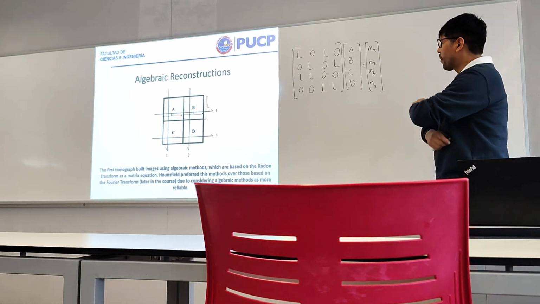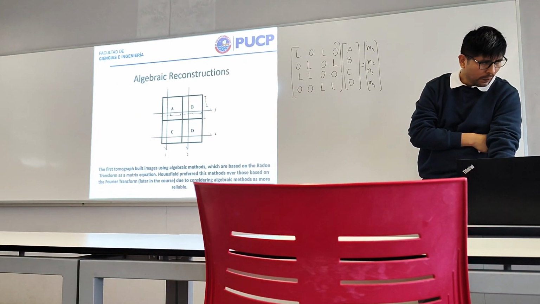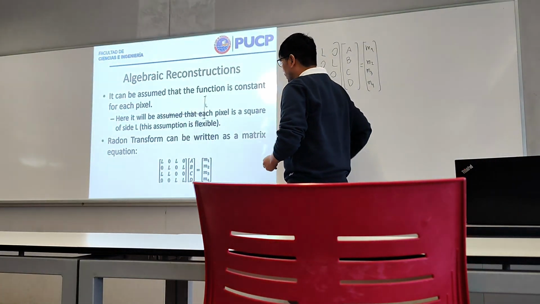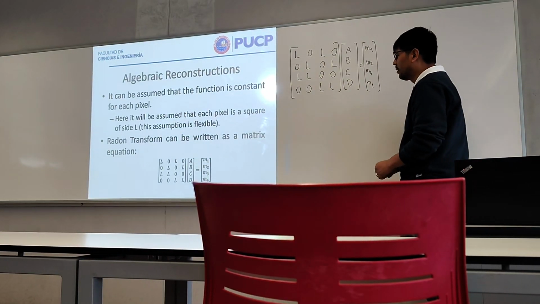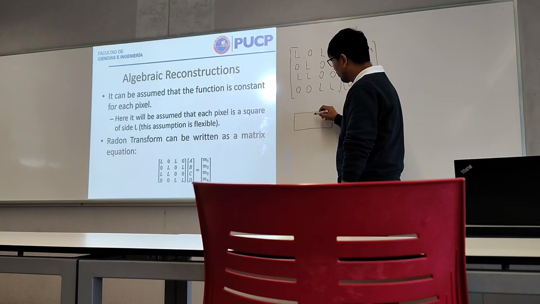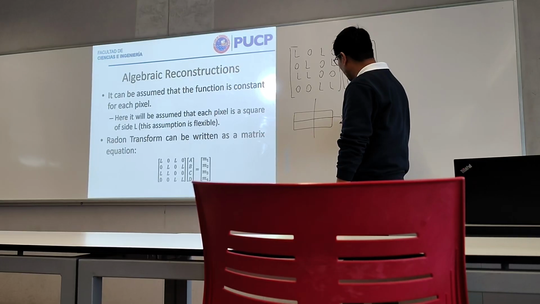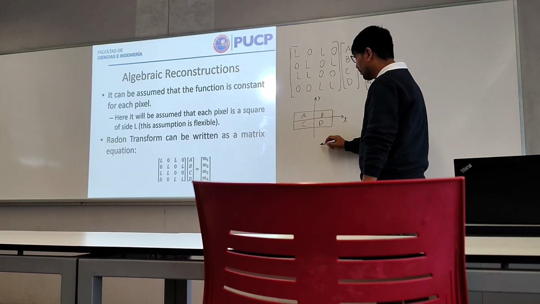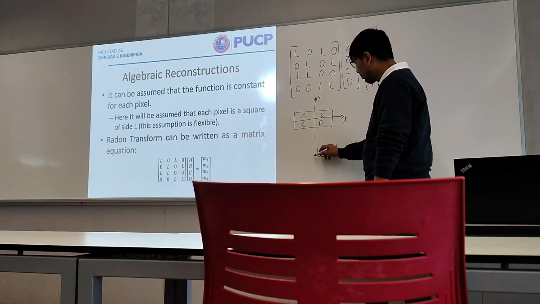Okay. Here it is assumed that each pixel is a square of side L. Just for a moment, imagine that we have something like this, X, Y, and in this case we have some setup like this, such that A, for example, will be some distance L here and 2L.